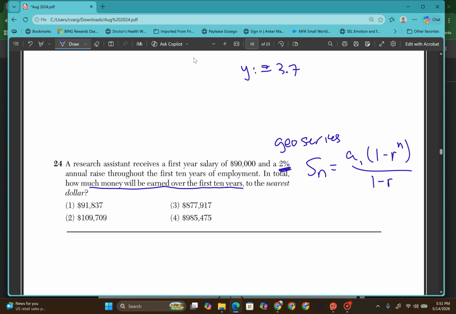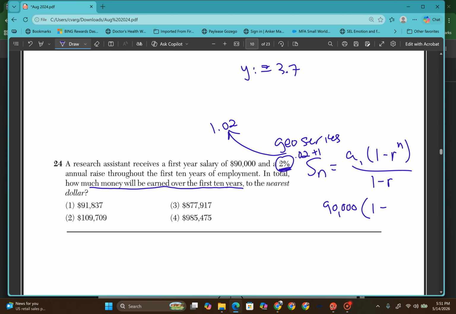A1 represents how much it is initially. So that is 90,000. Okay. Times 1 minus r, where r is your rate. And it's telling you it's a 2% increase. So 1.02. 2% is 0.02. You add it to one whole and then you get 1.02.